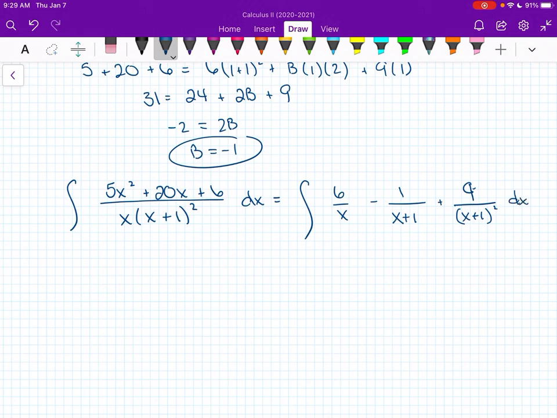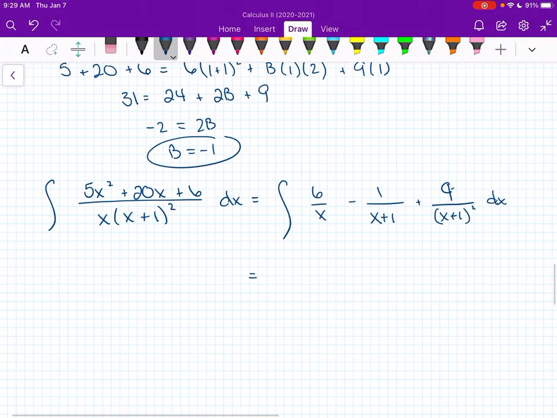And so now integrating this is going to be a lot easier, because I can use my good old natural log for the first two fractions. The first one is 6 times 1 over x, so 6 times the natural log of the absolute value of x. And then the antiderivative of 1 over x plus 1, so I have minus the natural log of the absolute value of x plus 1.